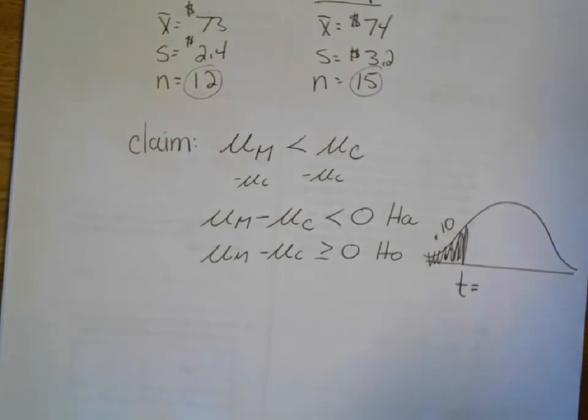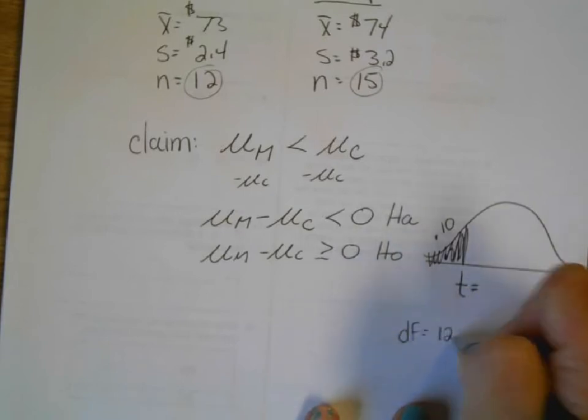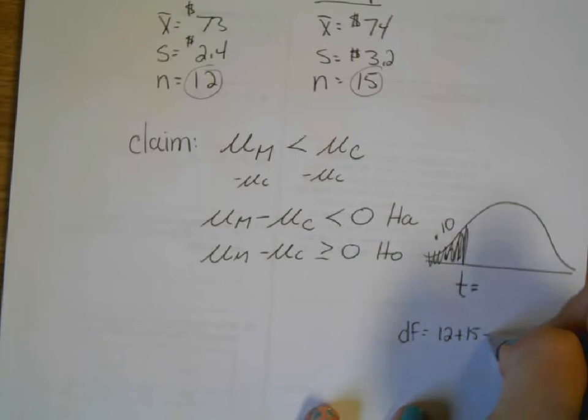This is the pooled one, so when it's pooled, you add them up and subtract 2. So DF on this one is going to be 12 plus 15 minus 2.